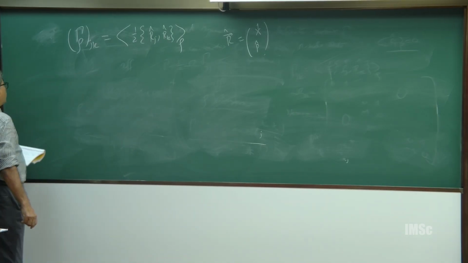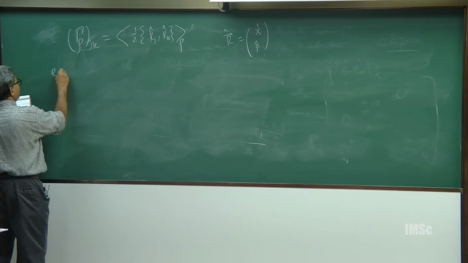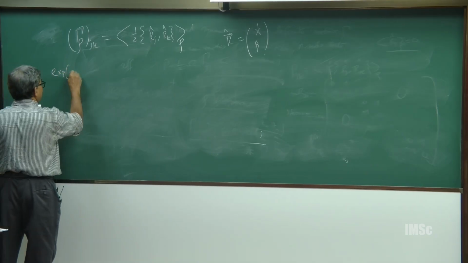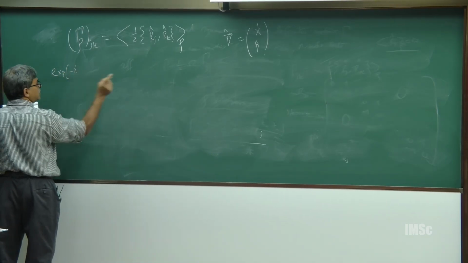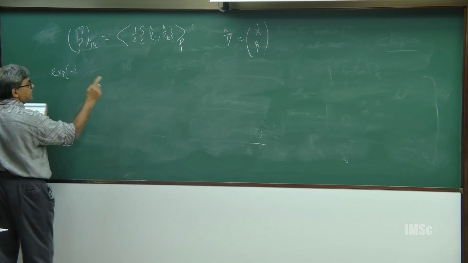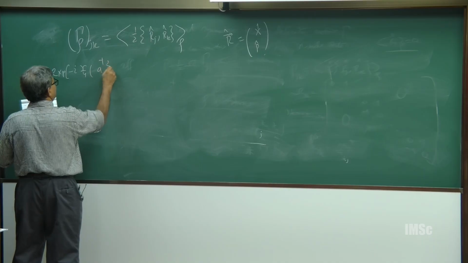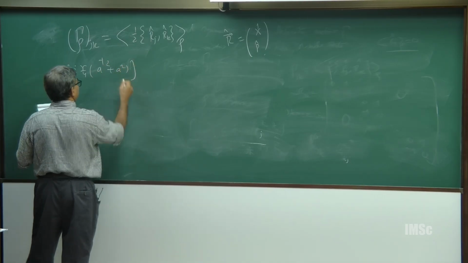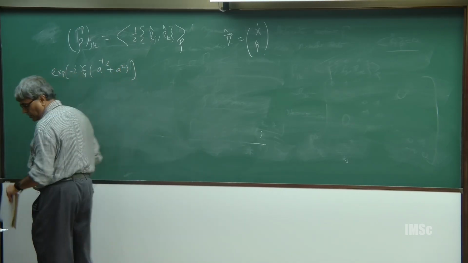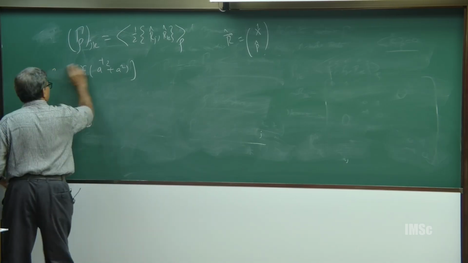Now let us consider, I am doing it in the Heisenberg picture, with minus iota h, where h is r/4 times (a† square plus a square). Why am I doing this?